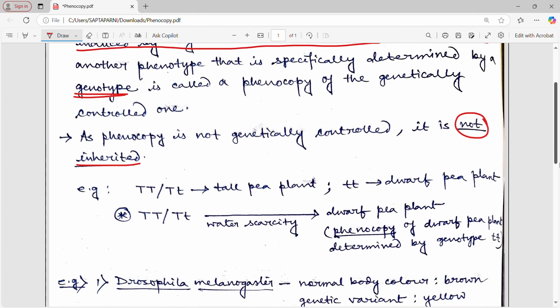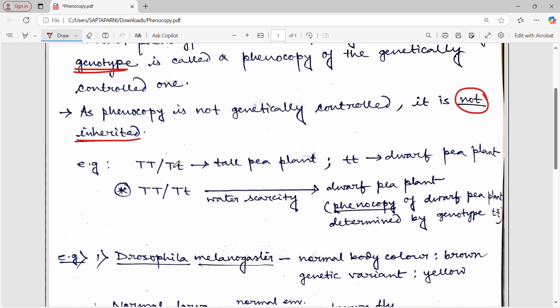See, in the Mendelian monohybrid cross, we have seen that the capital T capital T or capital T small t genotype dictates a tall pea plant, and the small t small t genotype dictates a dwarf pea plant. So this is their genotype and respective phenotype.